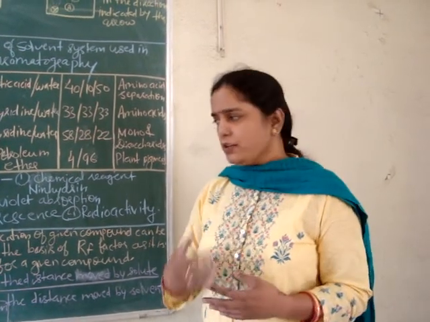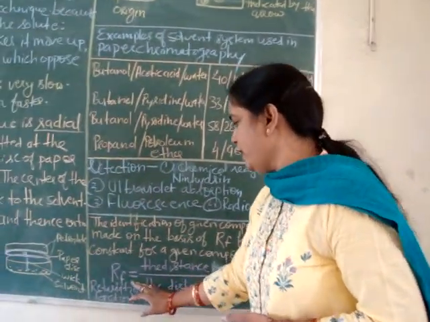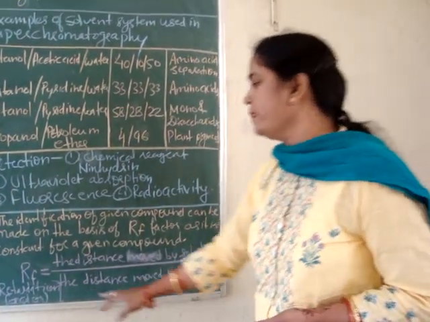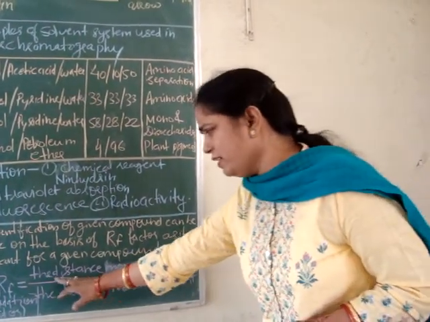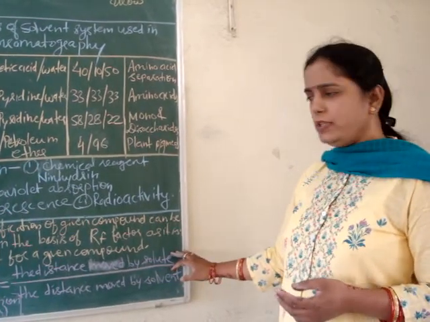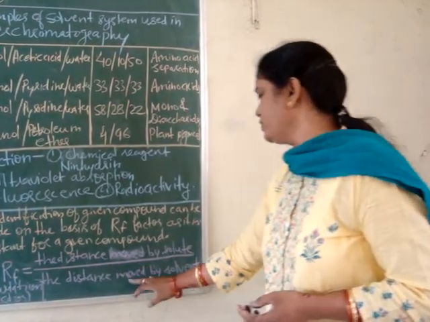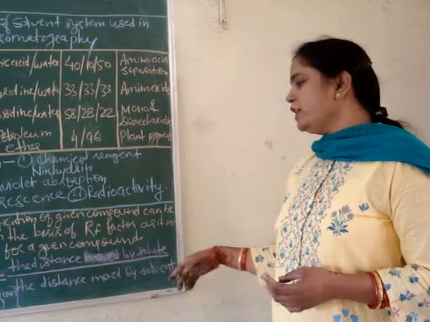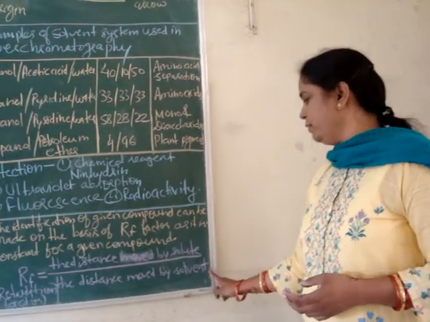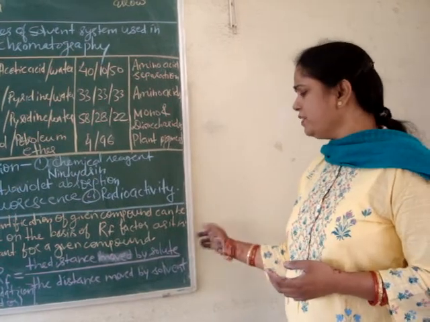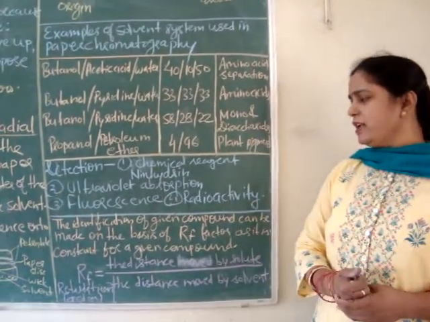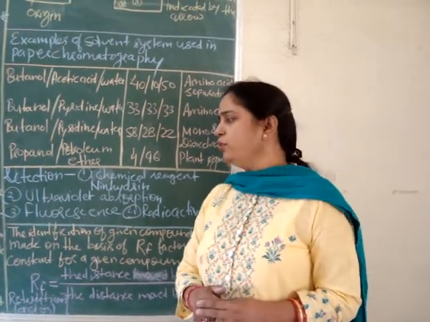For the calculation of RF, the formula is: RF, the retardation factor or relative flow, equals the distance moved by the solute divided by the distance moved by the solvent. There is no unit for this RF value because both distances are in centimeters and cancel out. So by calculating this RF value we can identify the unknown compound.